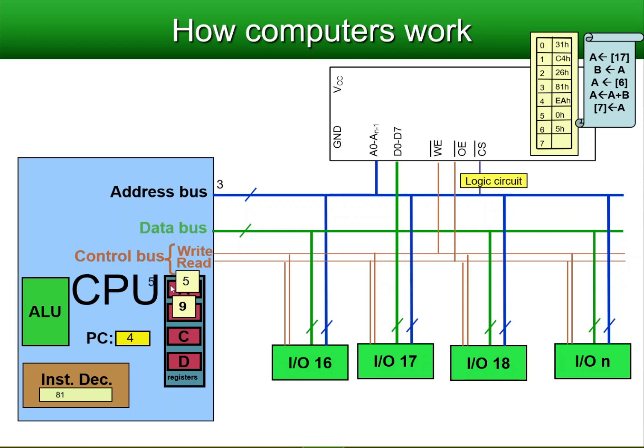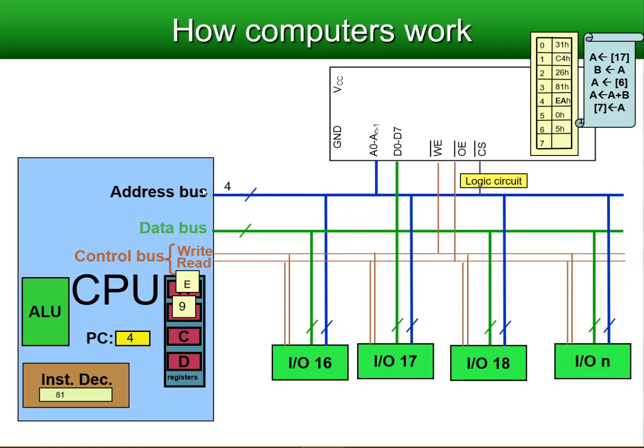So both of these values, 5 and 9, will be passed to the ALU and added, and their sum will be provided back to the A register, which is 9 plus 5 is 14, which in hexadecimal is E. So here we have stored capital E in our A register.